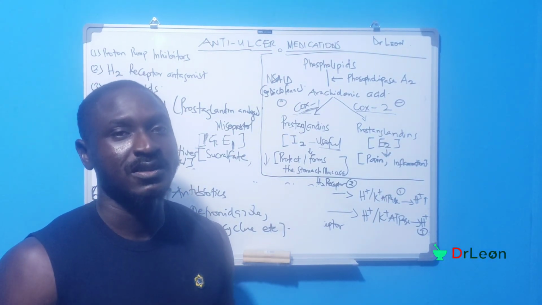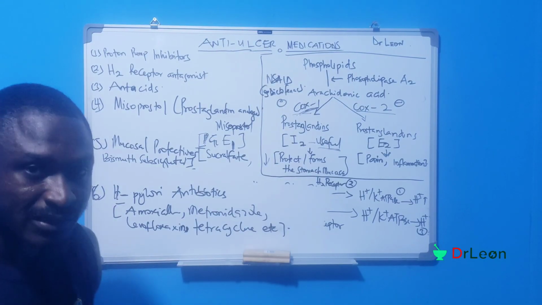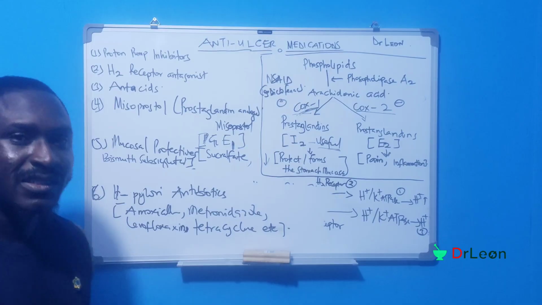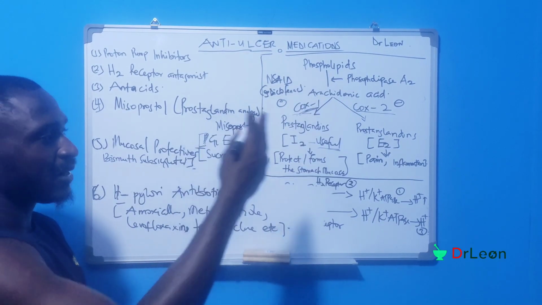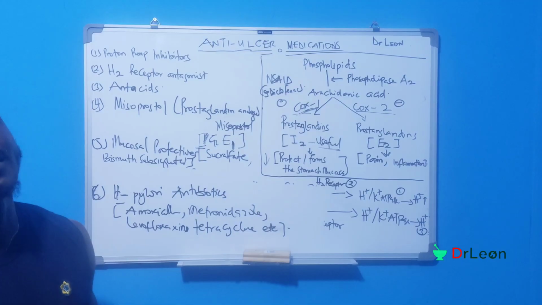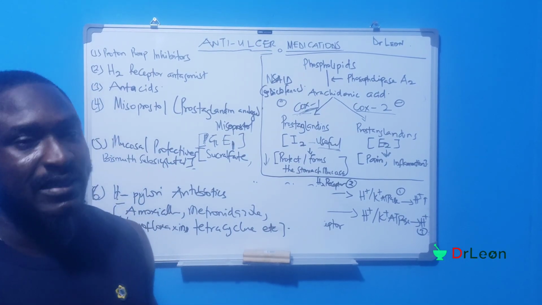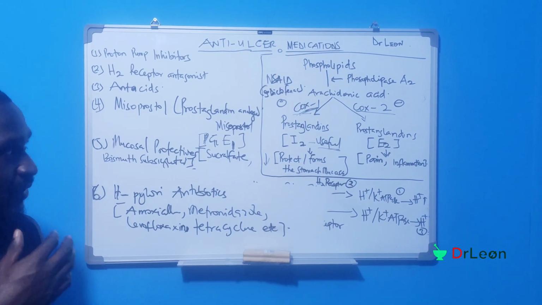The most common ulcer is the duodenal ulcer, and the causes are three. We have the NSAID-induced ulcer, and this pathway talks about how the NSAID causes ulcer. We also have the stress-related ulcer and then the H. pylori related ulcer.